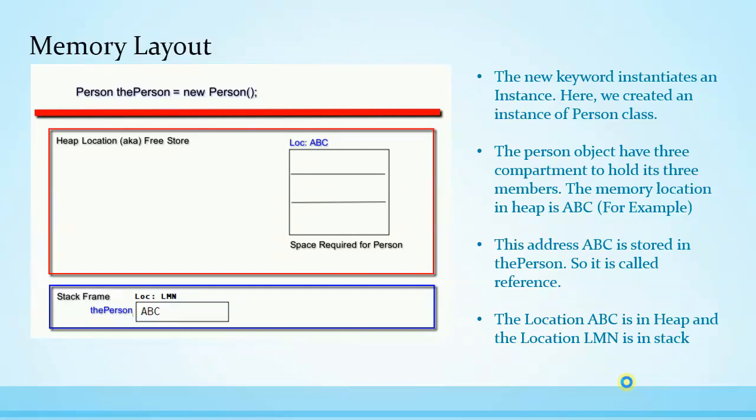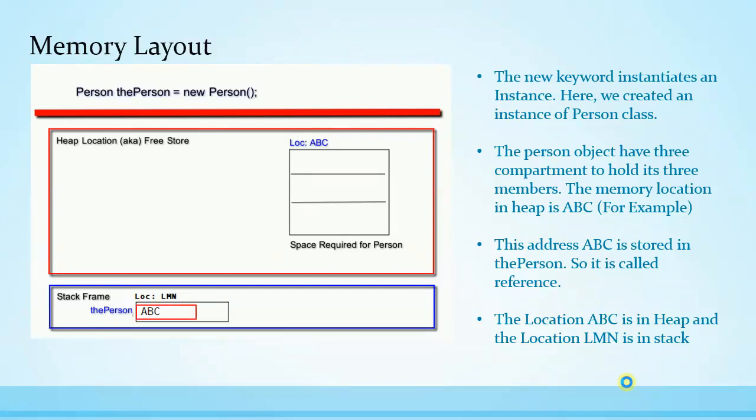So if it is created in a function called a, and if a is called from static void main, then the stack frame is for the function called a. Alright, so the person occupies the space in the stack frame. The actual object is in the heap. So the location of the heap is assumed as ABC. That ABC gets stored here in the stack frame.